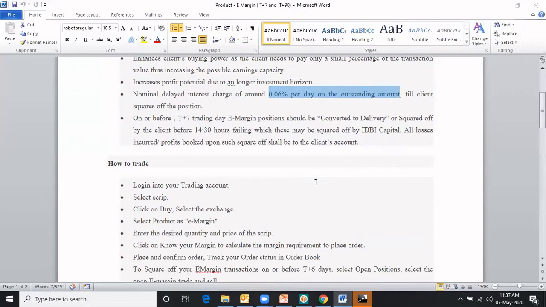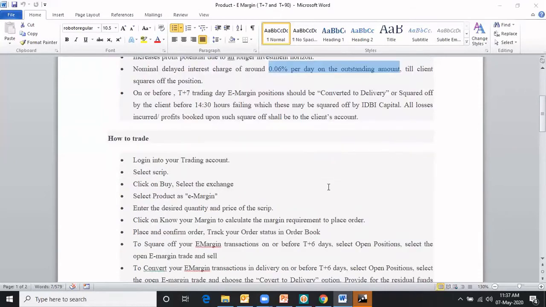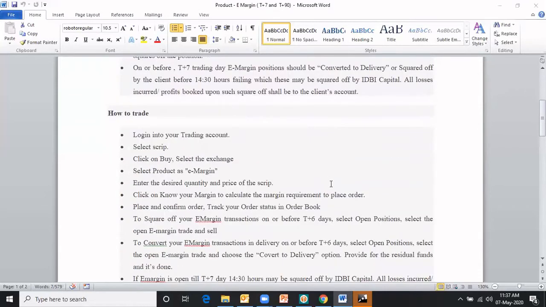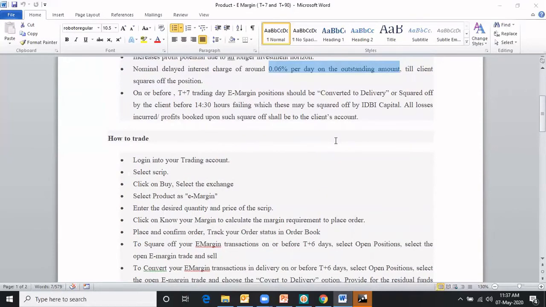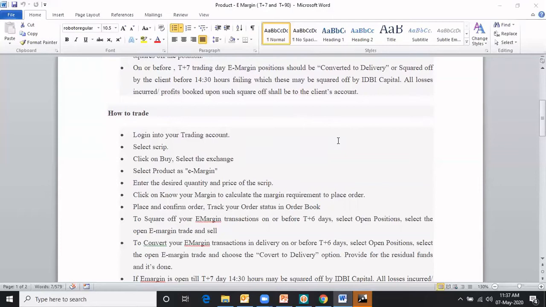Like that, it will continue. Now, as a risk management parameter, if your mark to market becomes say 60-70% down, then RMS has all rights to square up the position before T+7 also. The logic behind this product is that as a client, your money is only 25.